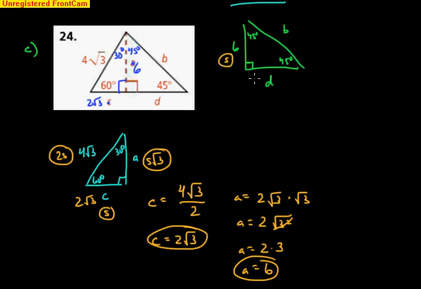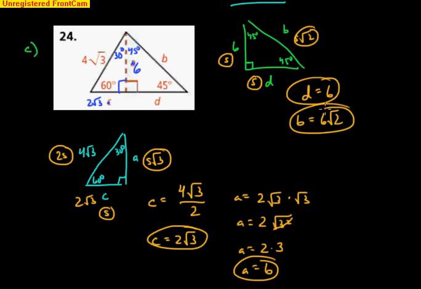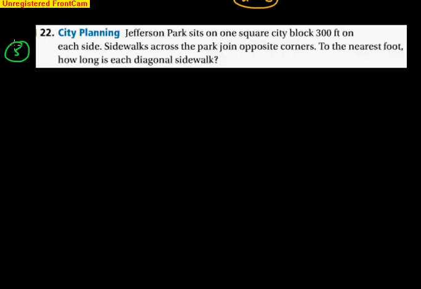The legs are s, and the hypotenuse is s radical 2. So I would like to find the other leg first because I know what s is. So to find D, it's just the same as s, 6. And now to find the hypotenuse B, it's just s radical 2. Well, s is 6. 6 times radical 2. And there's how you do this complex problem here with 2 special right triangles in one.